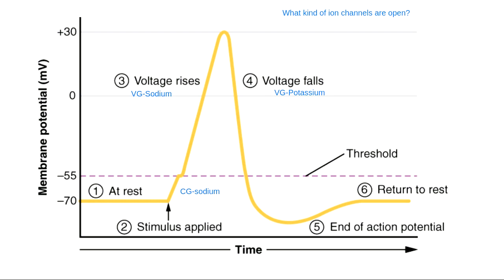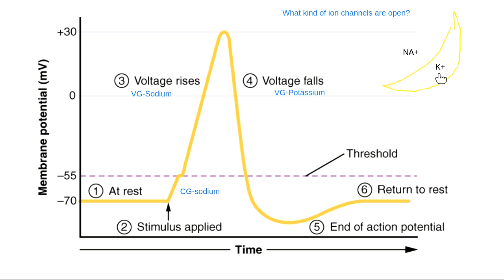The ions we're talking about are sodium and potassium. If I open up a chemically gated potassium channel, which way is potassium going to move? Which way is potassium going to move if I open up a channel for it?